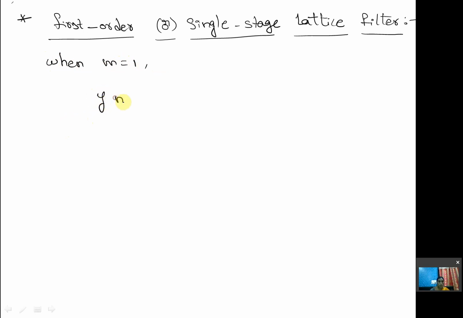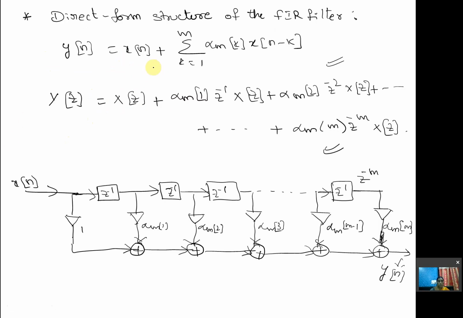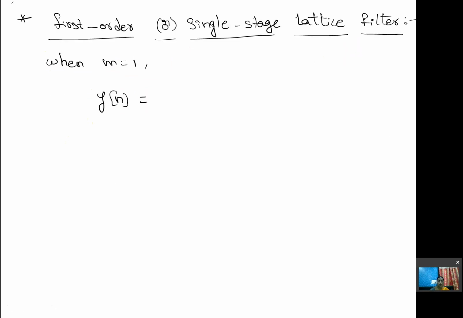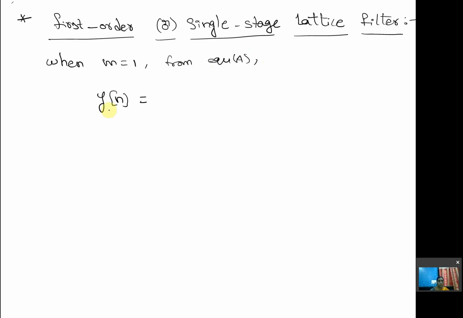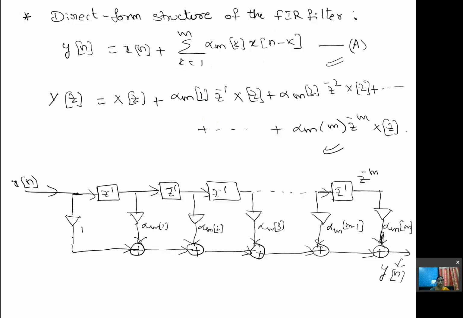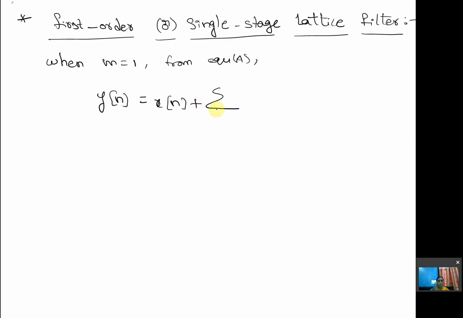Now substitute here in this equation y of n. Let it be equation a. So from equation a, what is the answer here? x of n plus summation k equals 1 to m, that means k equals 1 to 1, means 1.